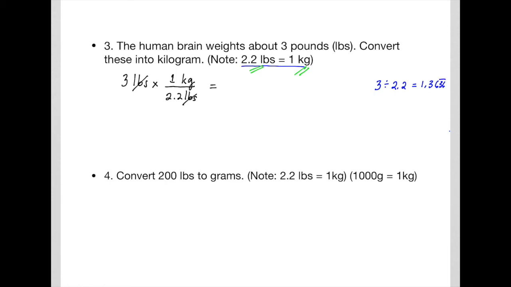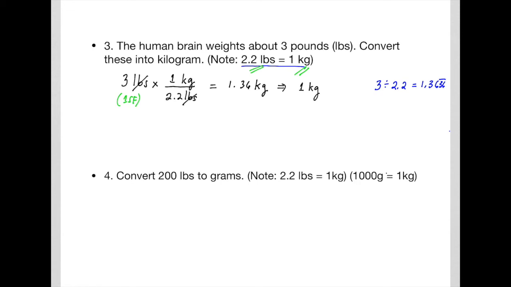So my final answer here is 1.36 kilograms. Now, if I want to express it in proper significant figures, I will round it off to one significant figure. Why one significant figure? Basically, this one has one significant figure. Therefore, my final answer would be 1 kilogram.